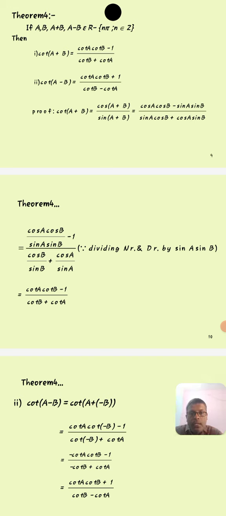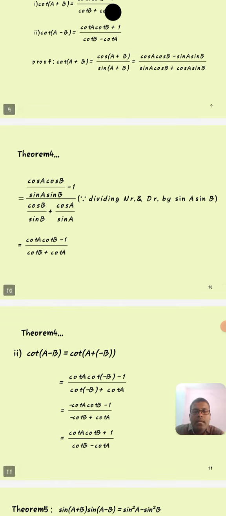Okay. Now here, what do we have to apply? We know that cot of a plus b is equal to, how to write? Cos of a plus b by sin of a plus b. Now we apply the cos(a plus b) formula, cos a cos b minus sin a sin b, divided by the sin(a plus b) formula, which is sin a cos b plus cos a sin b.